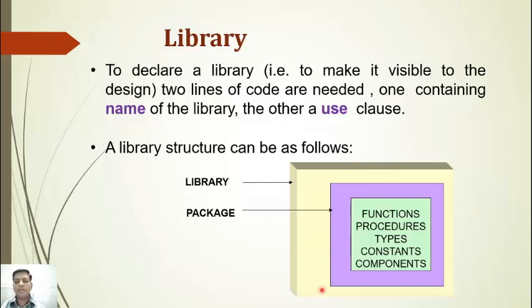This should be the library, and inside that we are defining the package. And in that package we are defining these functions, procedures, types, constants and components. So this could be the library structure we required.